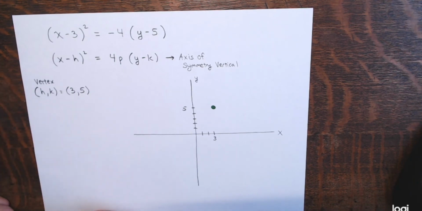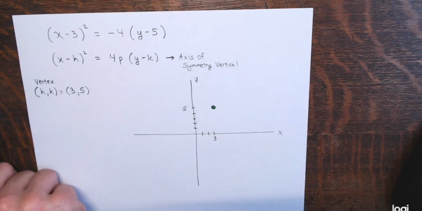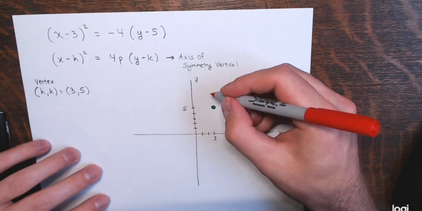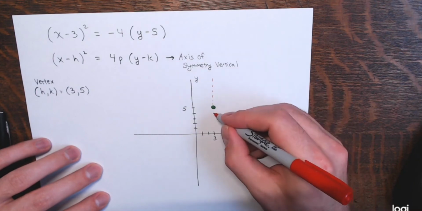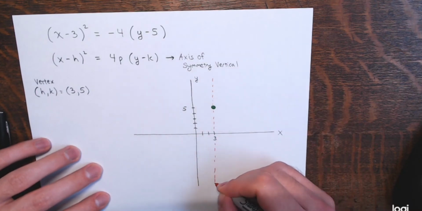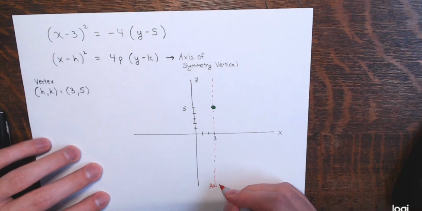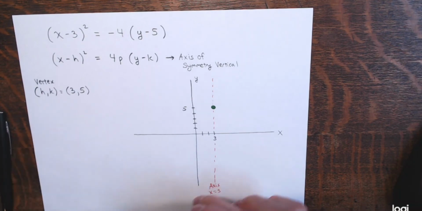All right, now to find that focus and directrix, right? The axis of symmetry, as I mentioned, is going to be vertical. So it's this line here. Here's the axis of symmetry, and it's x equals 3. The focus is going to be on this, and the directrix is going to be perpendicular to this.